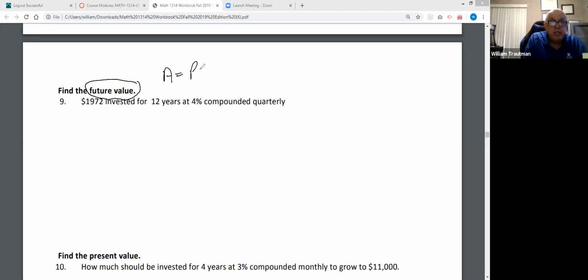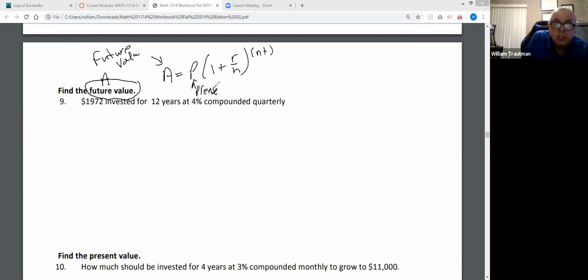I know on your formula sheet it's not in parentheses, but put it. So by the way, A stands for annuity, which is the future value. Future value is A. Present value is P.